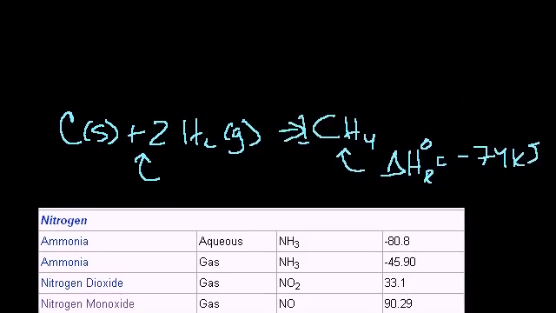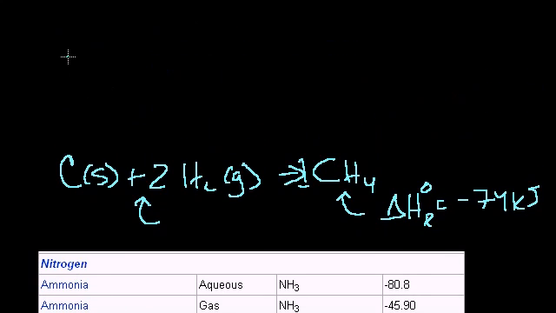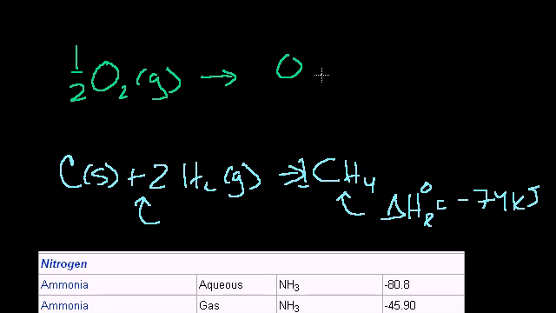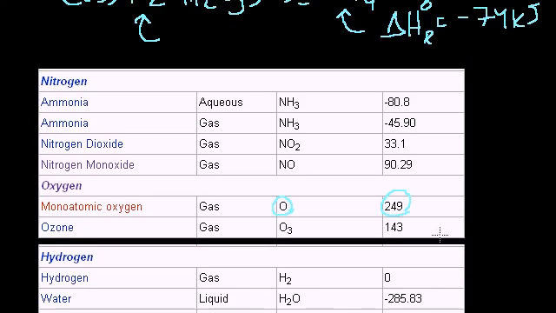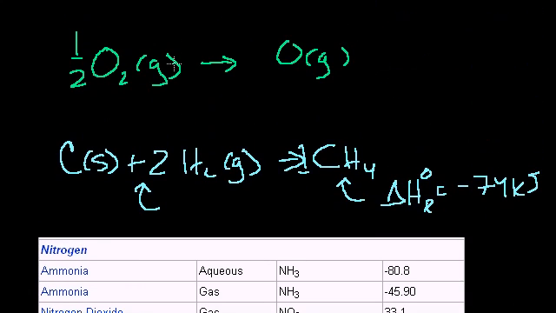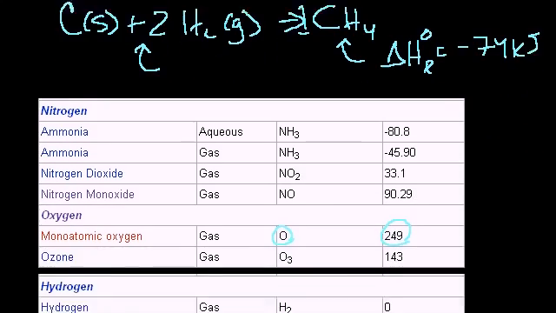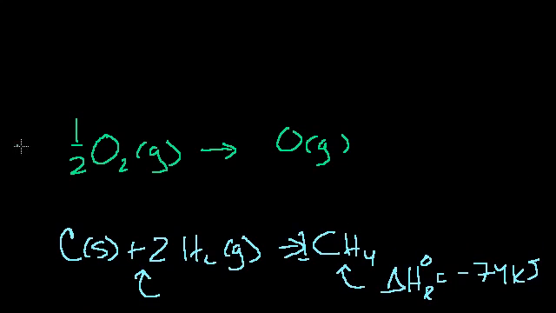If you have the reaction, I'll write it this way, 1/2 of molecular oxygen as a gas going to 1 mole of oxygen in its gaseous state, this tells us that this state has more potential than this state. And in order for this reaction to occur, you have to add energy to it. You have to put the energy on the other side, so you would put a plus. So right here, you would have to say plus 249 joules.